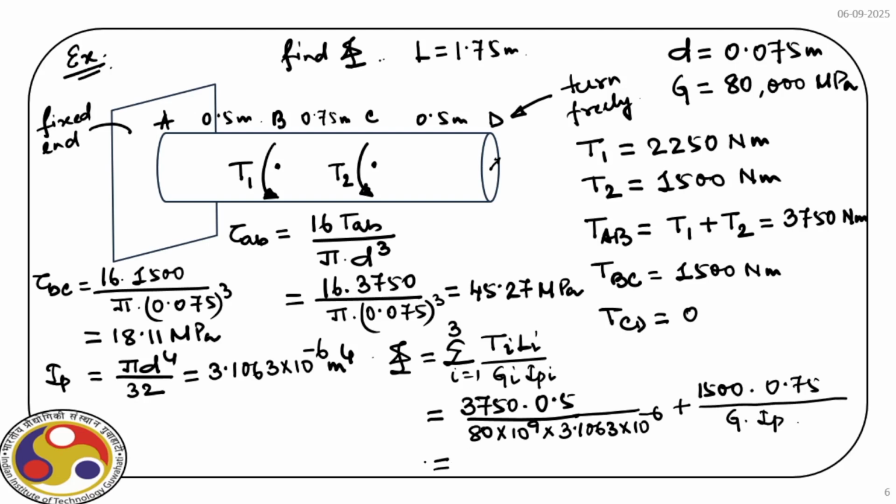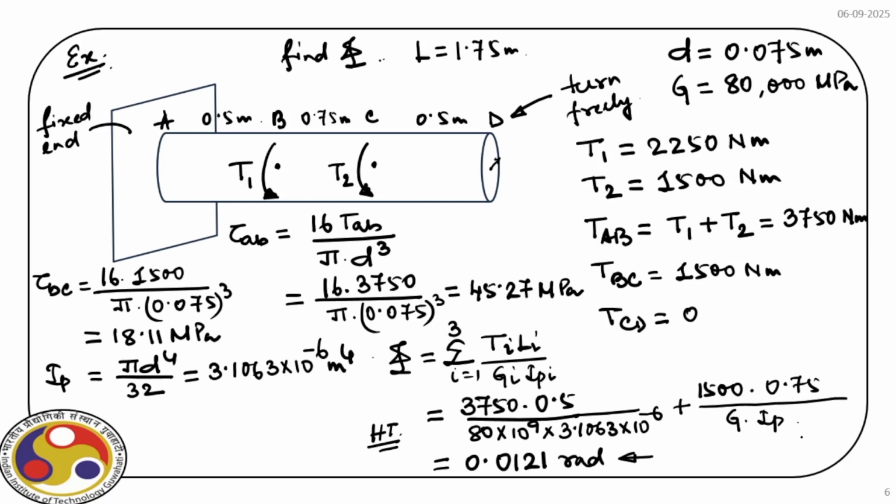If you evaluate this, which I just leave as a home task, this numerical exercise, you will effectively get 0.0121 radian. Just check this at your end.